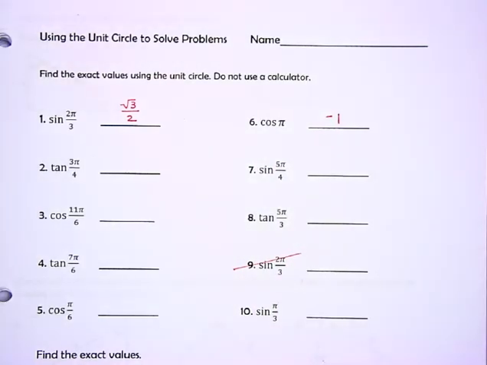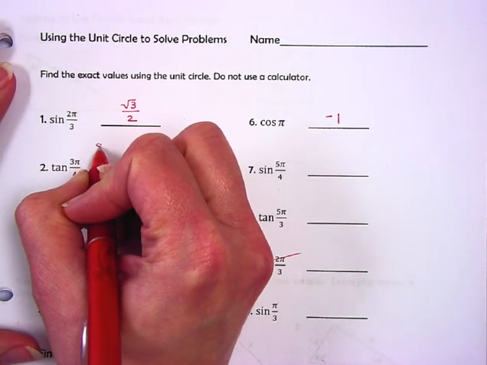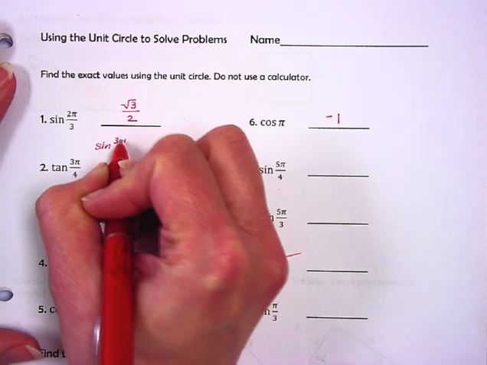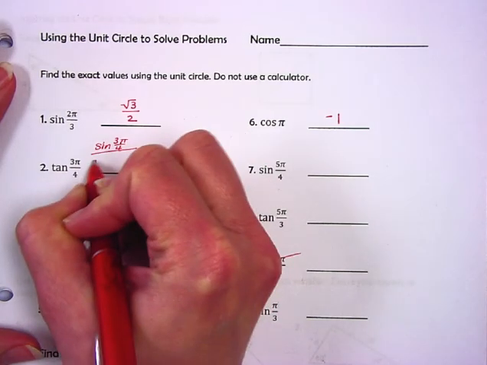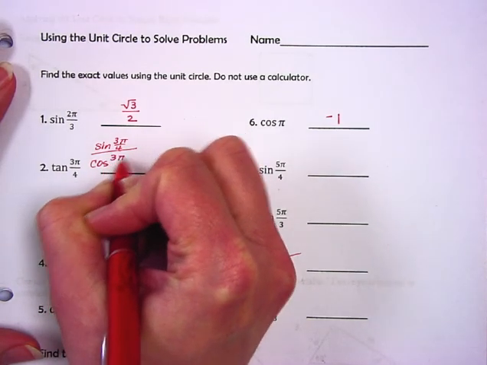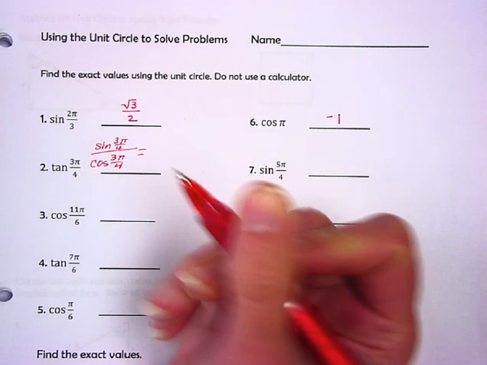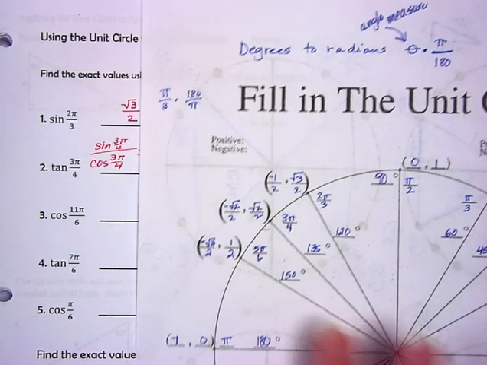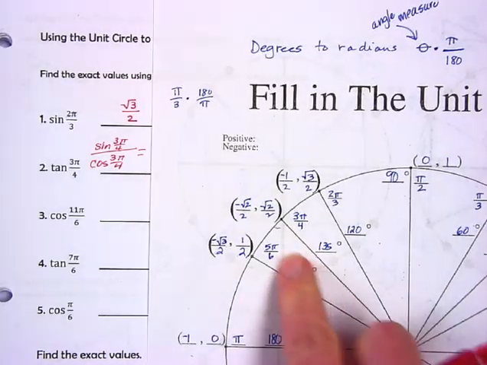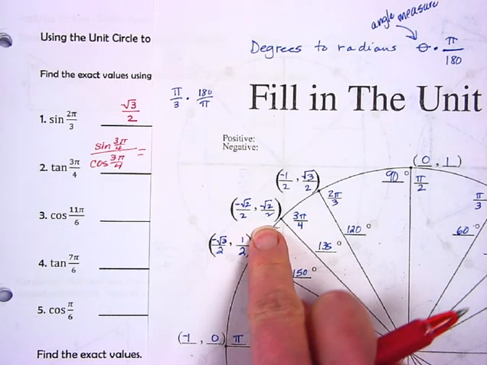All right, let's look at that tangent of 3 pi fourths. So tangent is equal to what divided by what? Not opposite over adjacent, but what? Sine over cosine. Good. Okay, so it's the sine of 3 pi fourths divided by the cosine of 3 pi fourths. All right, so we're going to look each of those up on our unit circle. The sine of 3 pi fourths is which one? Square root of 2 over 2.